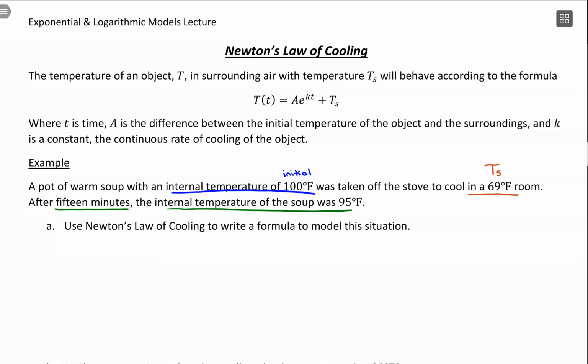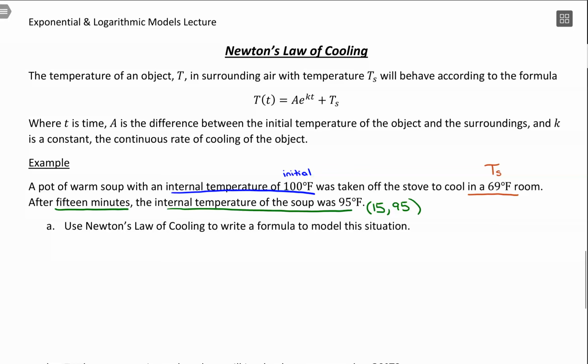So what we have there is essentially a coordinate of time 15 and temperature 95. Notice they don't say what the units for time is, and basically it can be based on the scenario. So by making this 15, we're now saying time is measured in minutes.